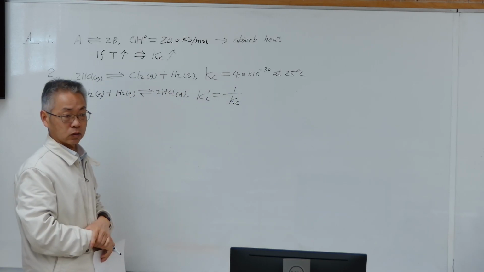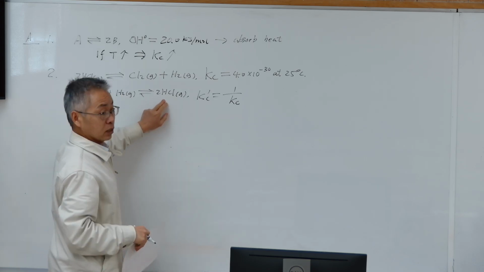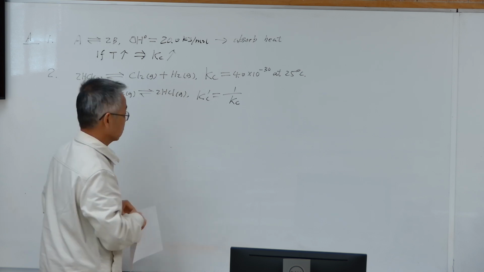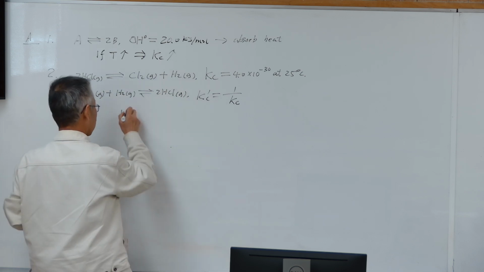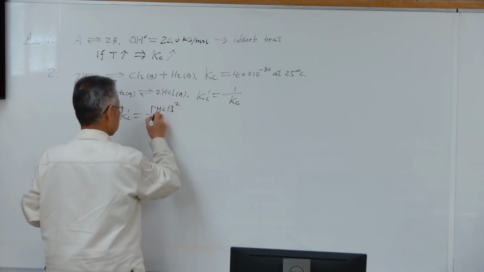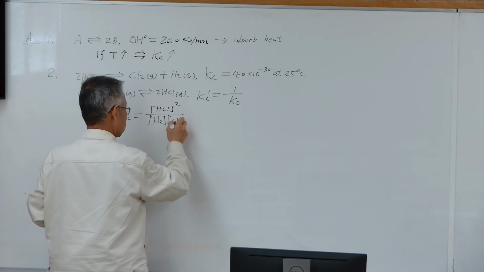And do you remember we talked about this? Because this Kc has HCl on top, HCl raised to the second power on top, right? And this Kc prime equals HCl raised to the second power divided by H2 and Cl2, right?